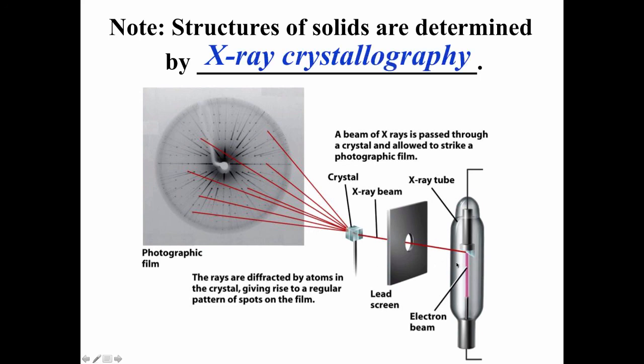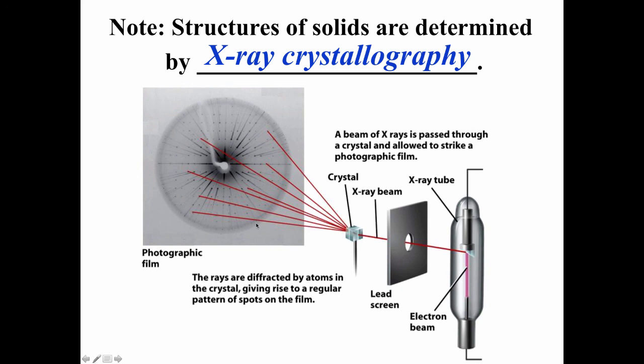And the very last thing to mention is that we determine structures of solids by something called X-ray crystallography, where, very short form, we shine X-rays on the crystal surface. The X-rays diffract, or are sort of reflected, by the atoms, molecules, or ions in the crystal, and it makes a pattern. And then the pattern can be interpreted to determine or deduce the structure of the crystal itself.